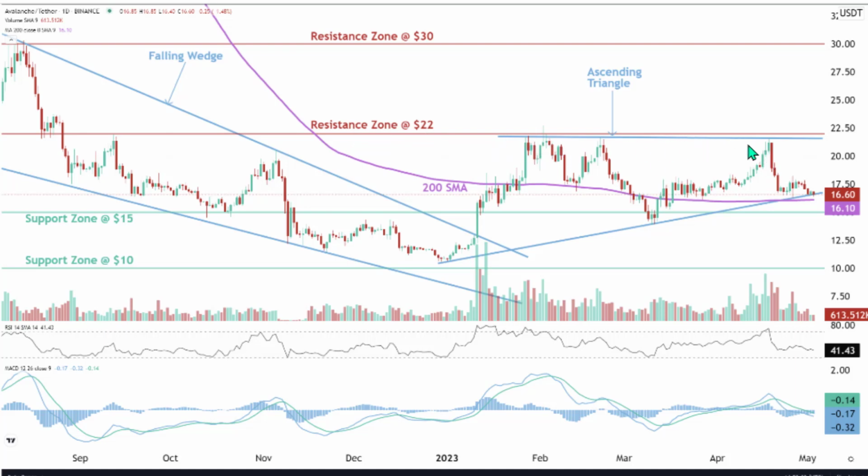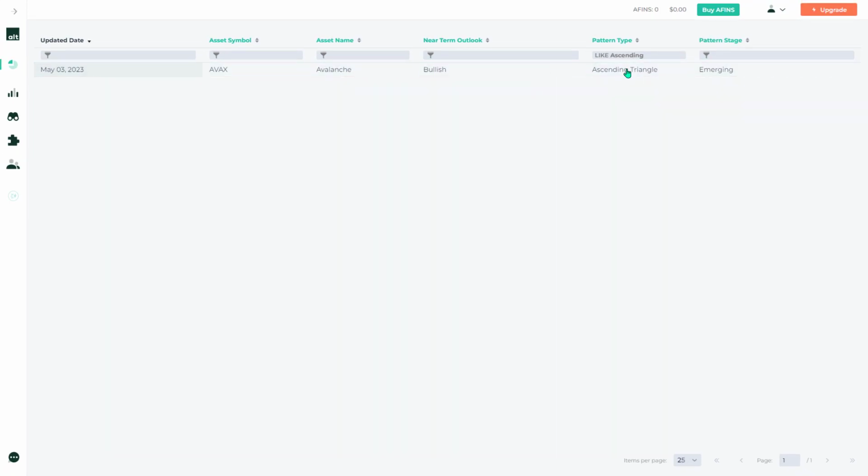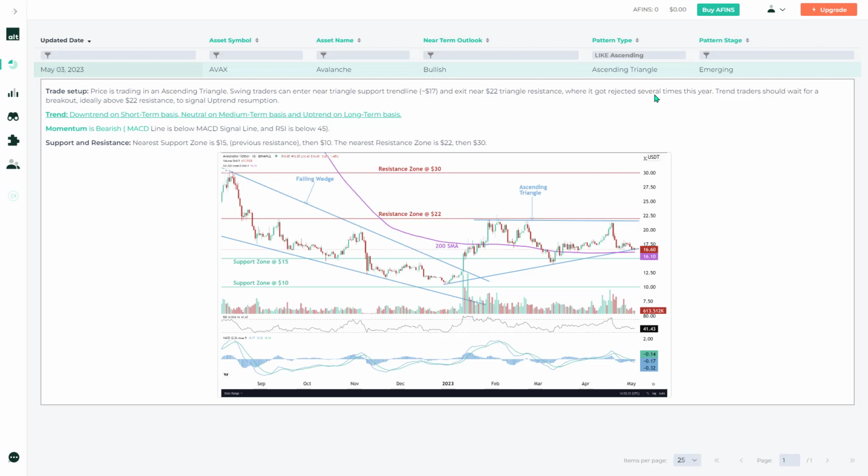You can see it's been rejected there several times, but when it dipped again this time, it looks like it's turning around again at a higher level. So the buyers are stepping up and are more eager to buy into this asset at an even higher price. Here, the most likely breakout will be a bullish breakout through that resistance zone at $22. So that would be another possible alert to set.